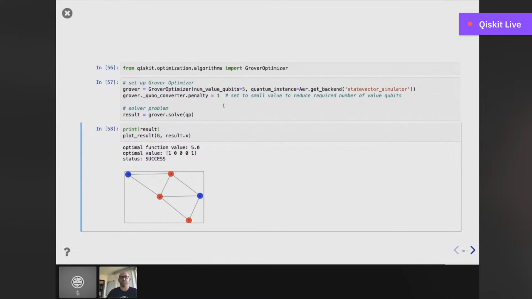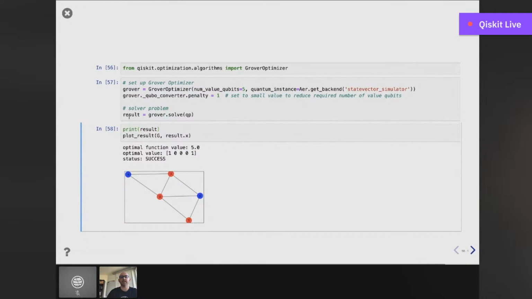But those are heuristics, so we don't have any guarantee. For this Grover-based optimization, you've seen that the circuits get way longer, but here we have actually a theory that tells us that we can get a quadratic speedup over brute force search for combinatorial optimization. So this is kind of nice, but this likely requires a fault-tolerant quantum computer.